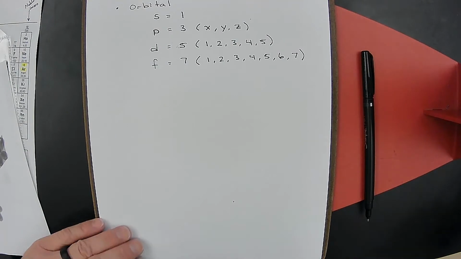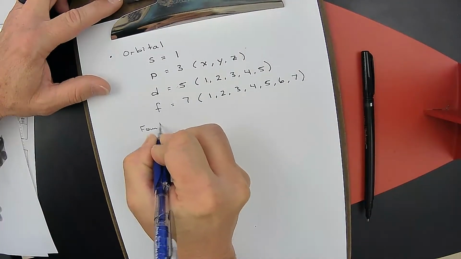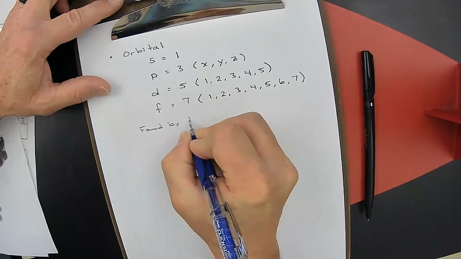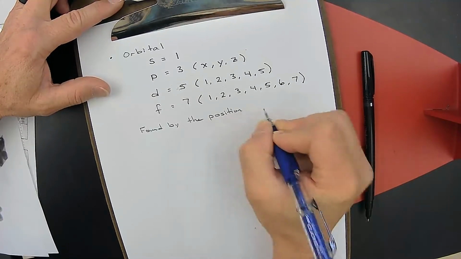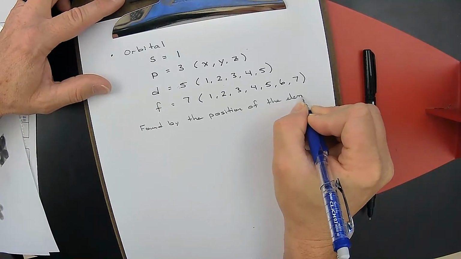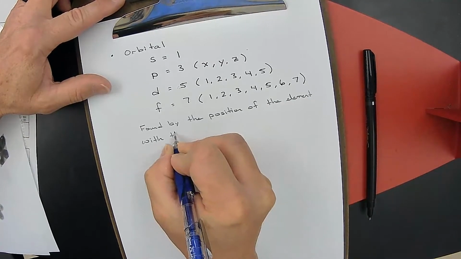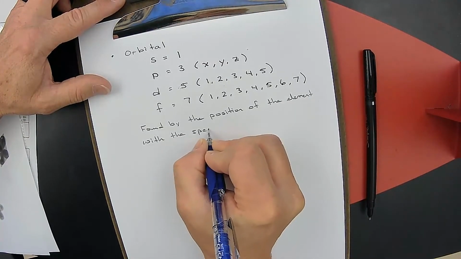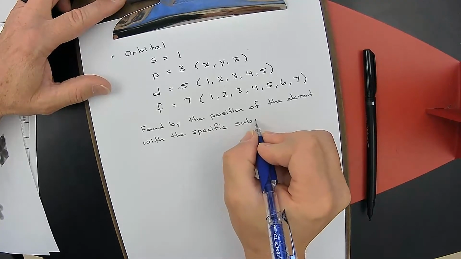So what we will say is the orbital is going to be found by the position of the element within the specific subshell.